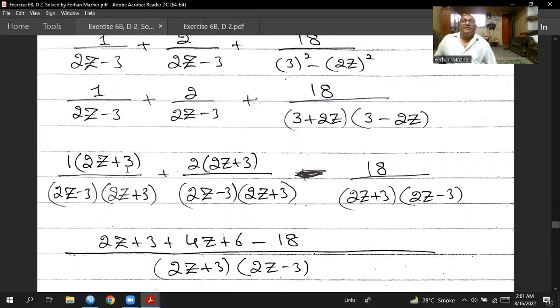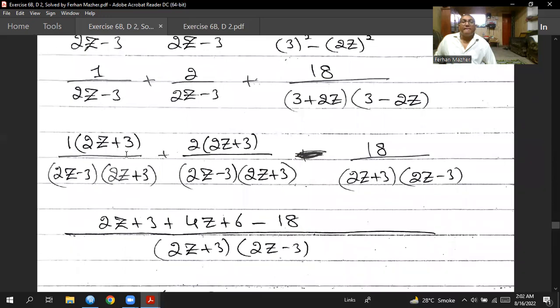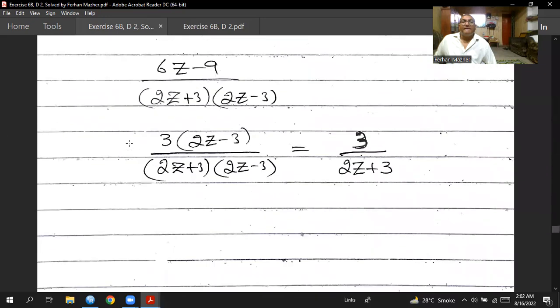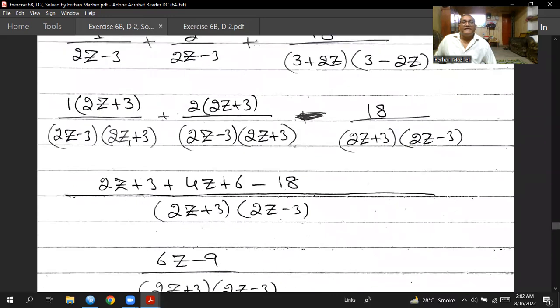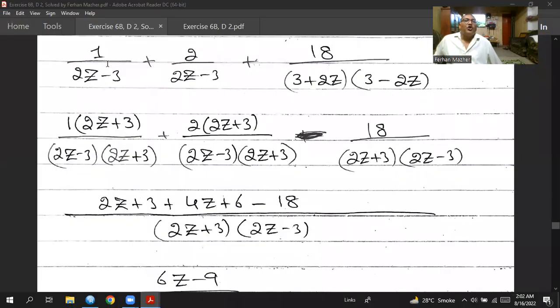Here I will multiply with the... okay. So here, I will take a negative out from here.